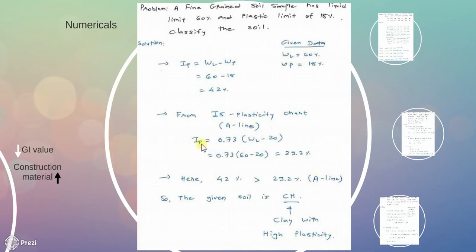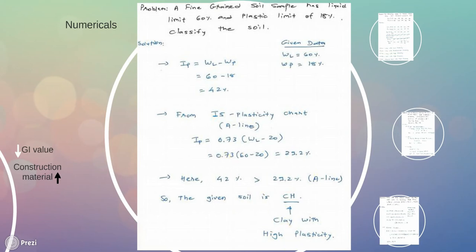My A line IP value is 29.2, whereas my actual soil IP value is 42%. So 42% is greater than 29.2. It is above A line. So the given soil is CH, clay with high plasticity. It could be silt or organic soil, but due to its liquid limit greater than 50%, as 60%, we have to go with clay with high plasticity.